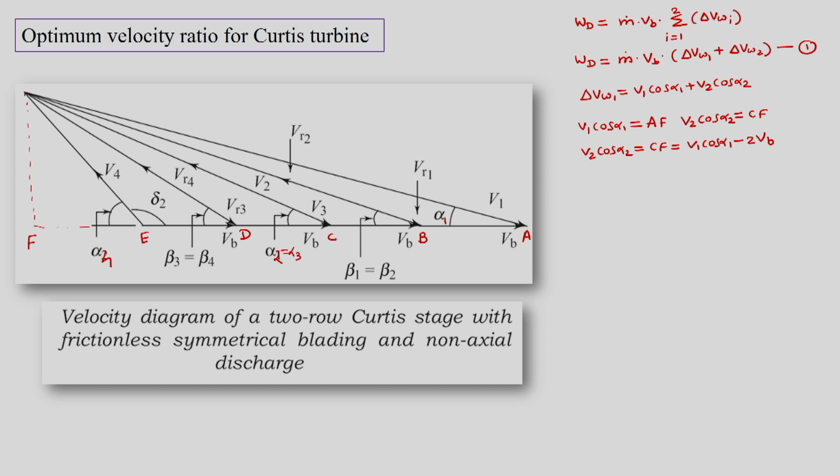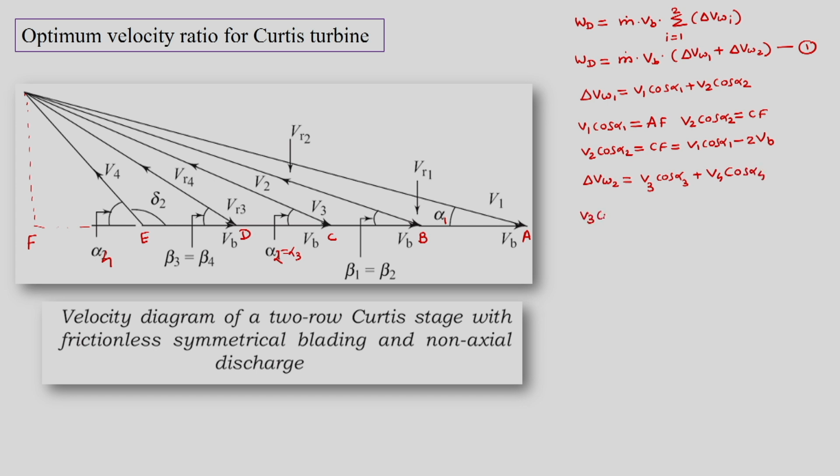Further, delta Vw2 is equal to V3 cos alpha 3 plus V4 cos alpha 4.